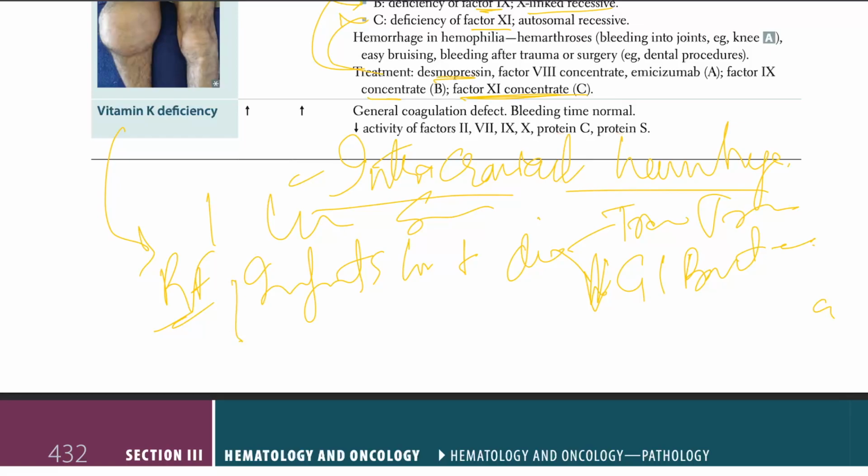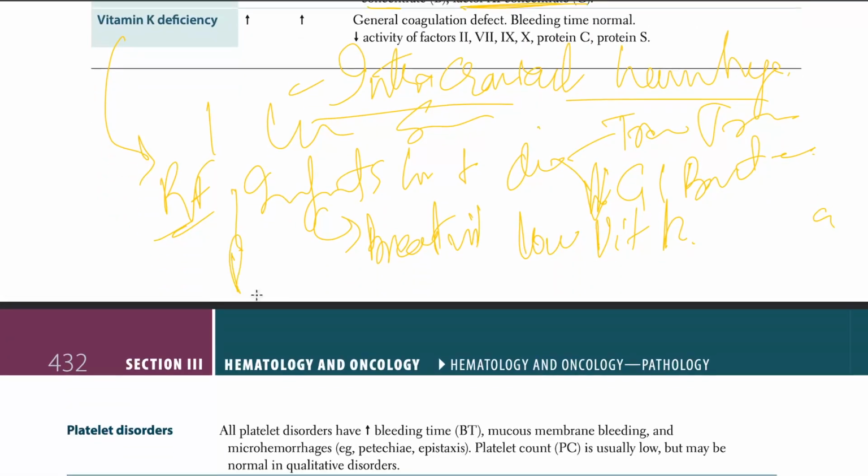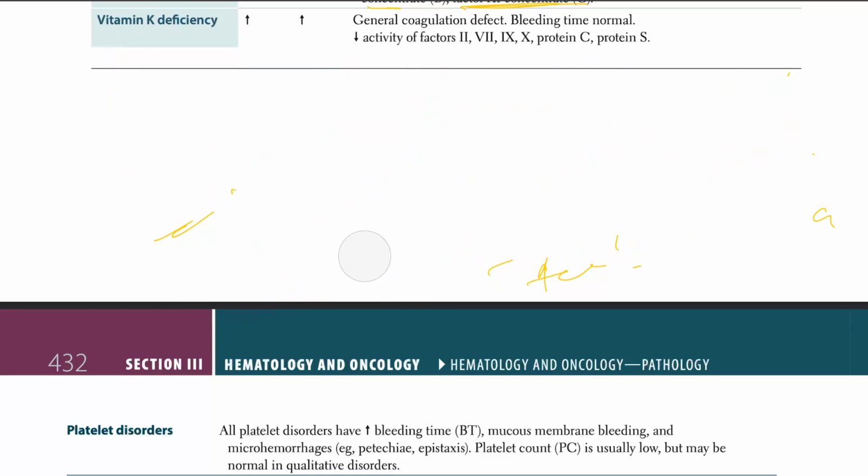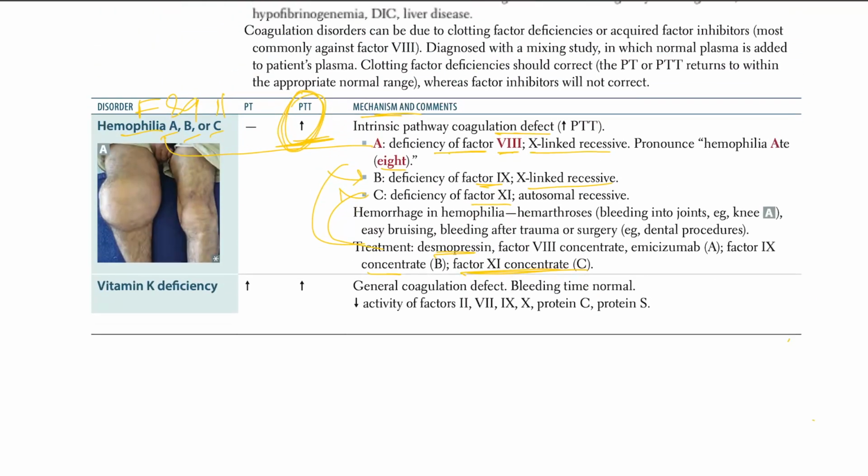And secondly, infants who take breast milk have low vitamin K levels. Okay, that's why we give prophylactic intramuscular vitamin K to infants.